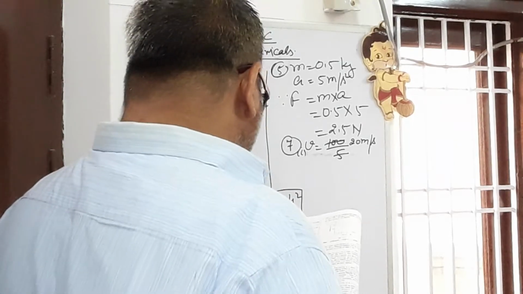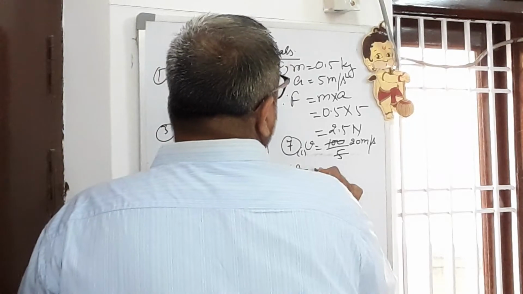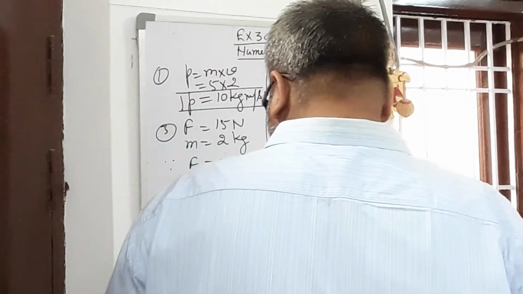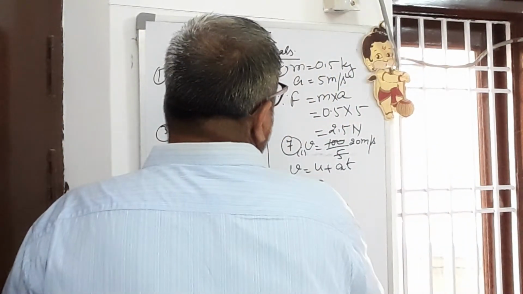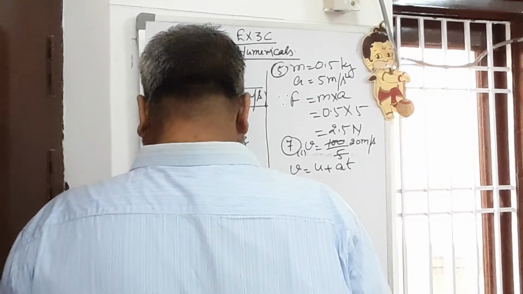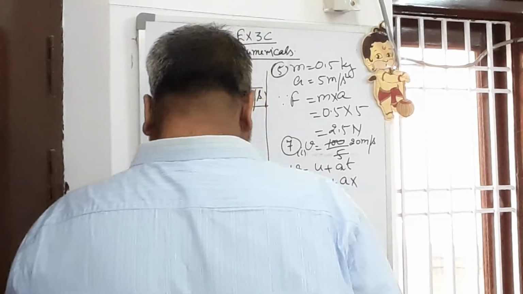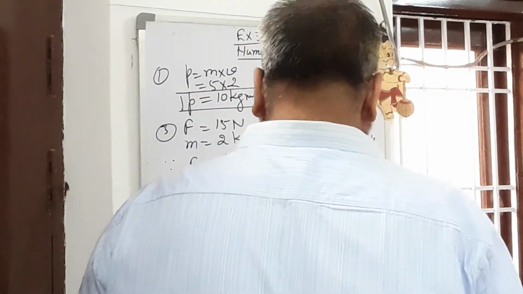Acceleration produced by the force: V is equal to U plus AT. What is the final velocity? 20. Initial velocity, stationary body, 0. Acceleration, time they have given 10 seconds.